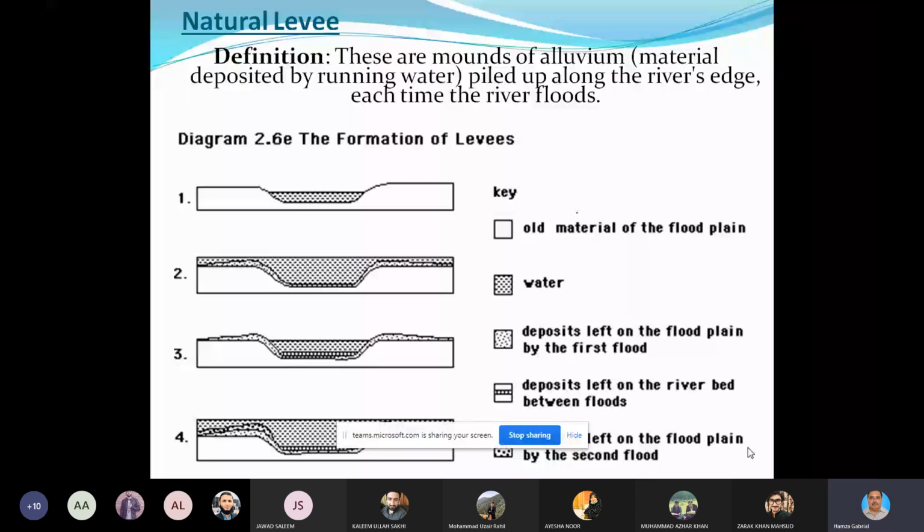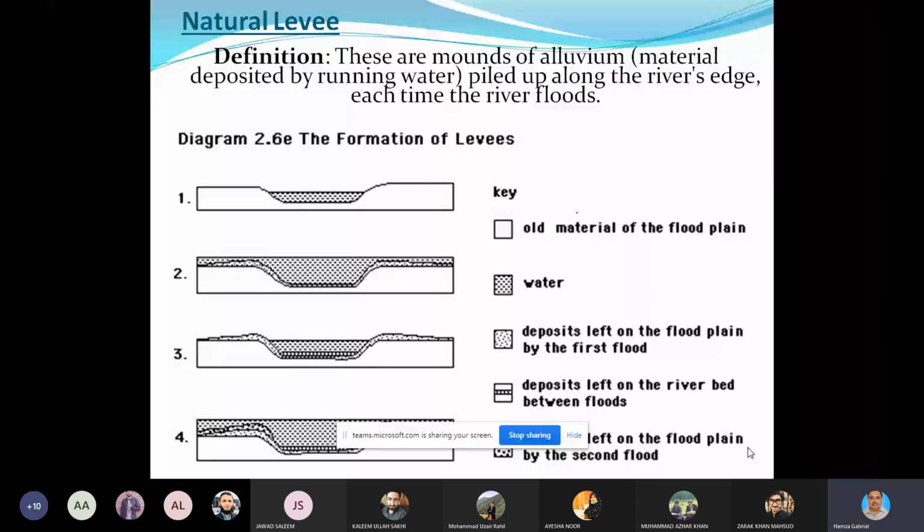So this is very visible in river Indus as well, especially in the Sindh province. If you see, with the number of years its bed has increased, and it has also deposited alluvium in the floodplains, and now it resembles a hanging river. If you see, it is higher than the adjacent area.